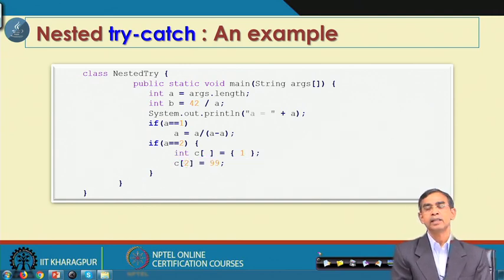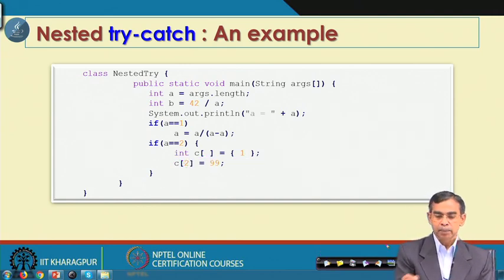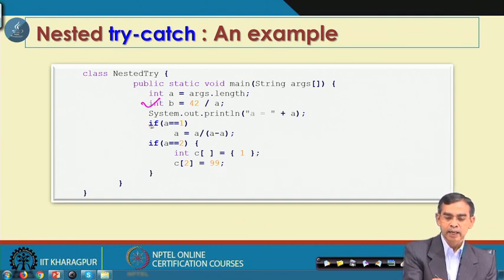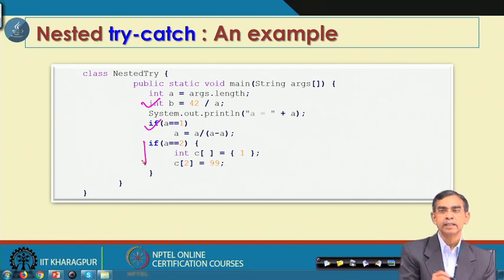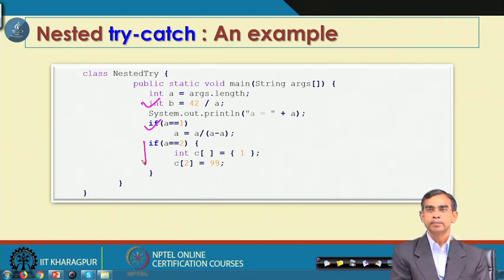So here basically there are two types of errors. In the first two cases, as we see here and here, this is an arithmetic exception, and in the second case the array index out of bound exception occurs. So, two types of error. Now, if there are two types of errors, then we can think of two catch blocks.